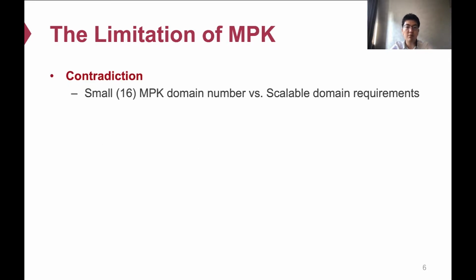However, the small number of isolated memory domains supported by MPK undermines its usability. Here are some potential scenarios that desire lightweight isolation while MPK fails to fit due to the problem of non-scalable domain number.